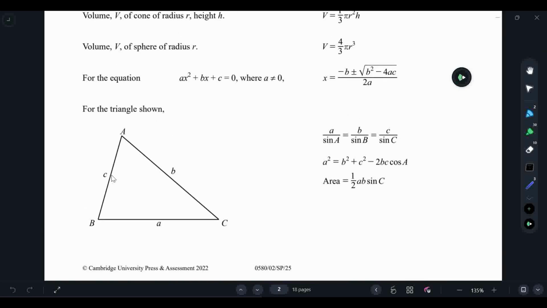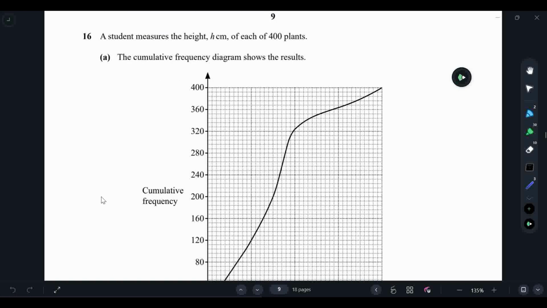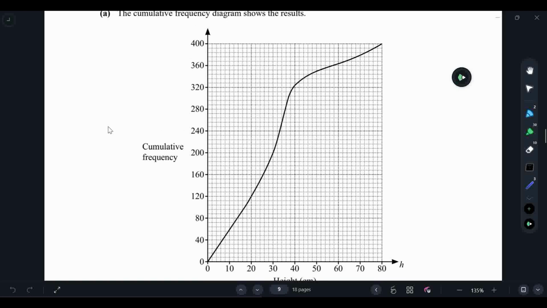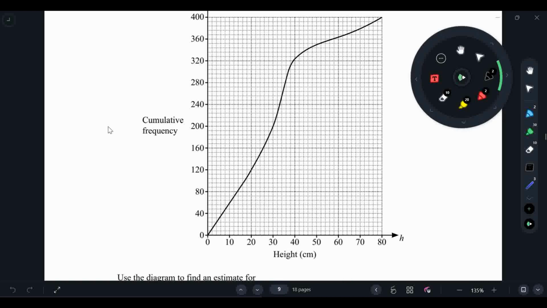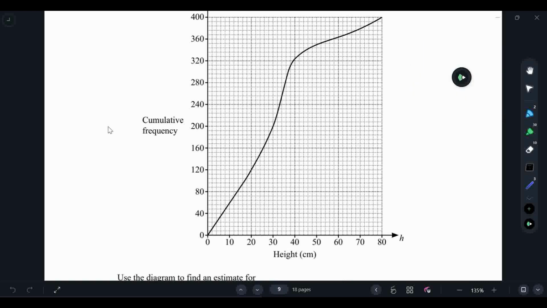Let's move to question number 16. A student measures the height h centimeters of each of 400 plants. A cumulative frequency diagram is given to us. In the first part we have to find the median. The highest cumulative frequency is 400, so 400 divided by 2 equals 200.